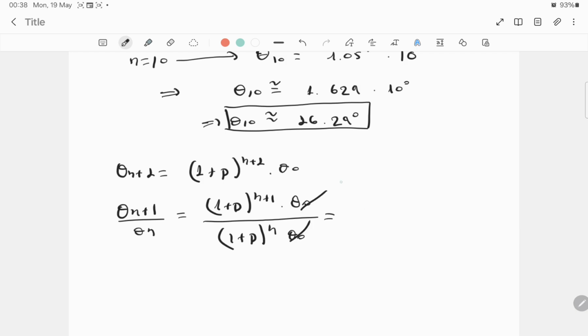Theta 0 I can simplify because theta 0 is bigger than 0. That's my claim. So I can simplify the theta 0, and I have 1 plus p to the power of n plus 1 over 1 plus p to the power of n. I can split this up by using the laws of indices.